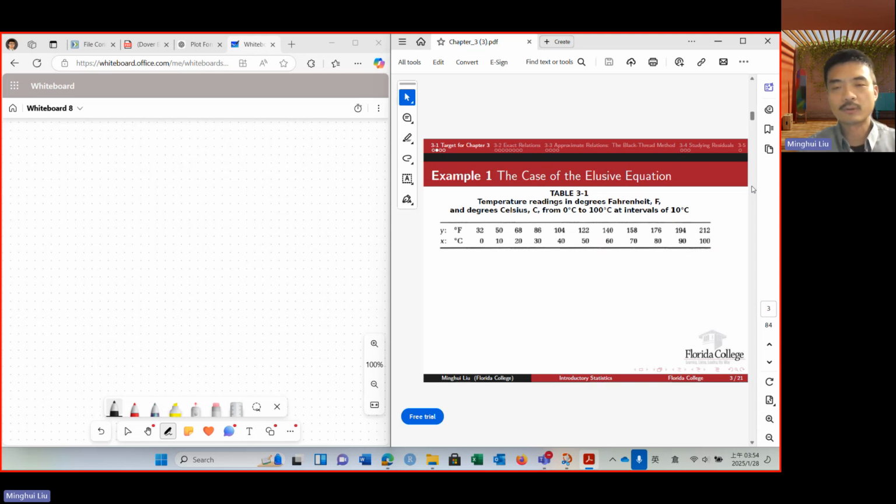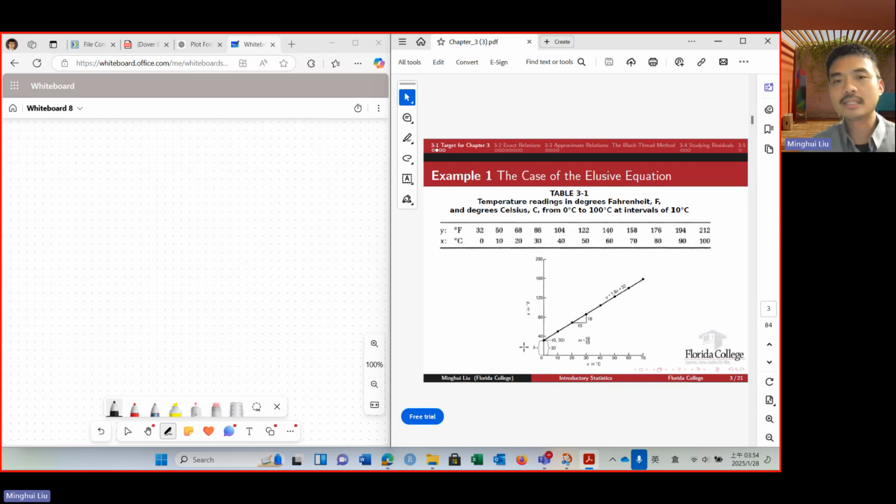Many of you should be very familiar with this conversion. And if we plot X against Y, here is what we observe. We only plotted the X values up to 70, but we can see clearly a pattern here. All these points are on this straight line.